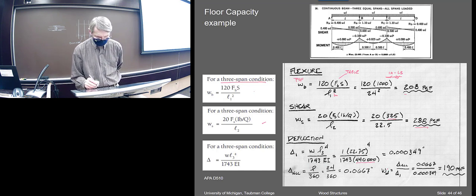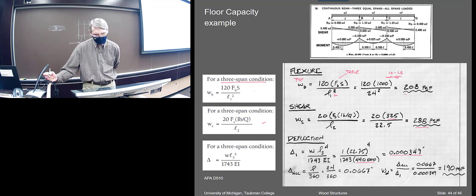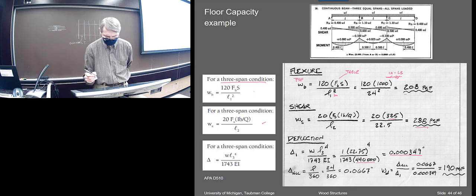And that gives us, yeah, this is a little bit trickier. This gives us the actual deflection for that piece. But we want to know the load that causes that deflection actually.